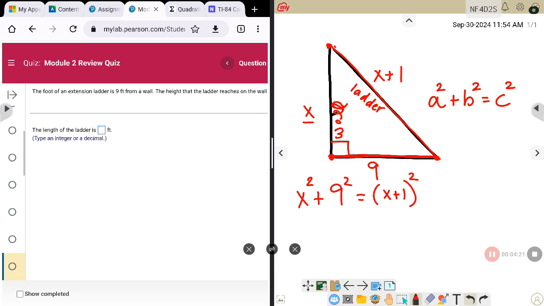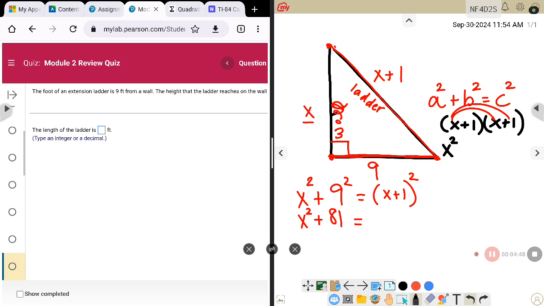Now, let's see what we have here. I've got x squared plus 9 squared, which is 81, and then I have x plus 1 squared. I'm going to write that out over here, because that means you multiply x plus 1 times itself. So I'm going to distribute the x. X times x gives me x squared.